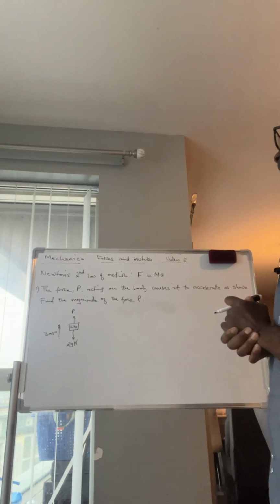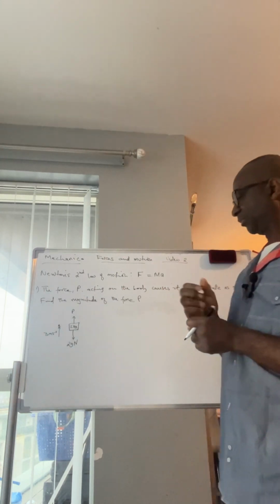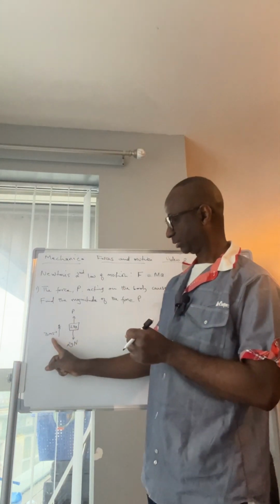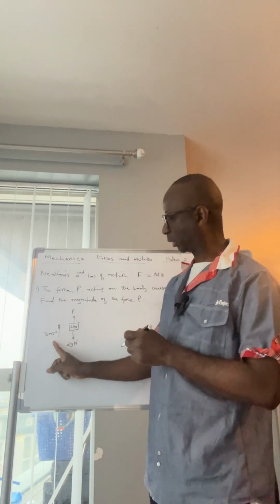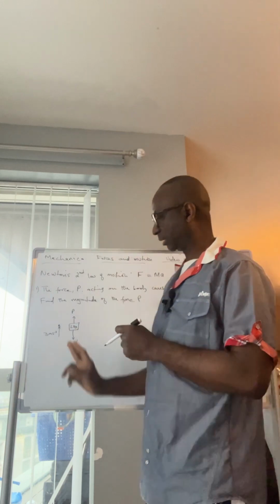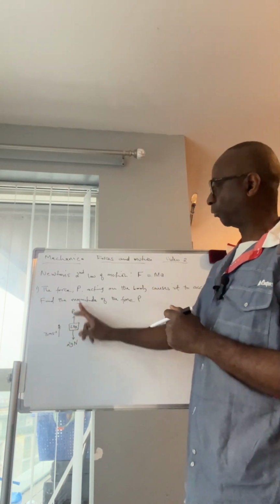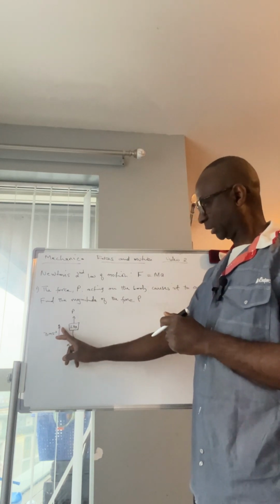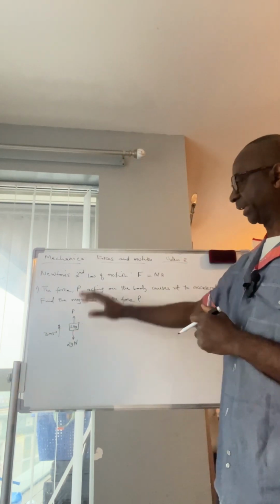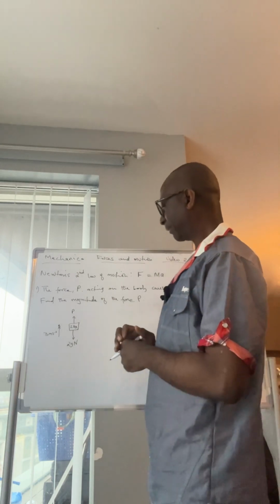All right? So here in this diagram, acceleration is pointing upwards. It means this particle is going towards the direction of P. So what will be our net force here?